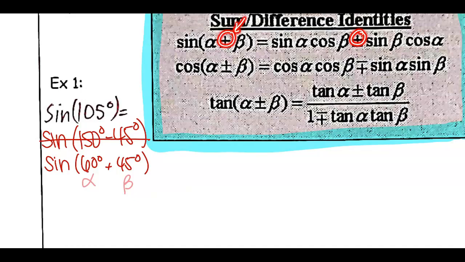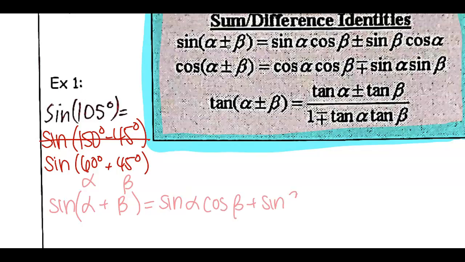So let me recopy what we have. We're going to have sine of alpha plus beta equals sine alpha cosine beta plus cosine alpha sine beta.